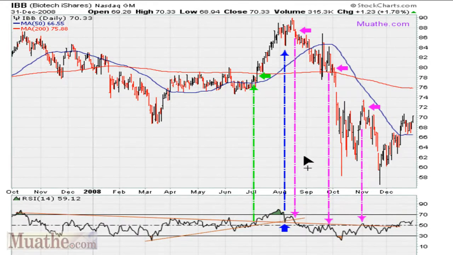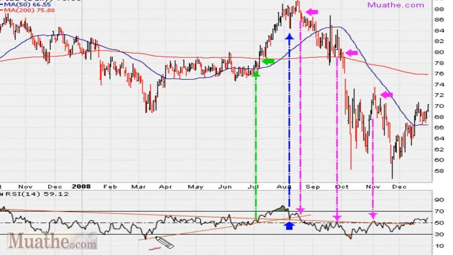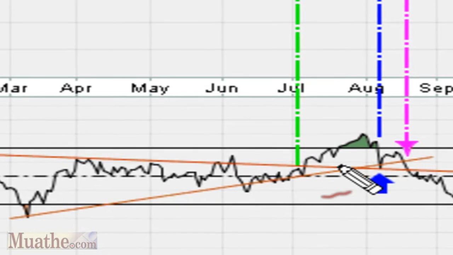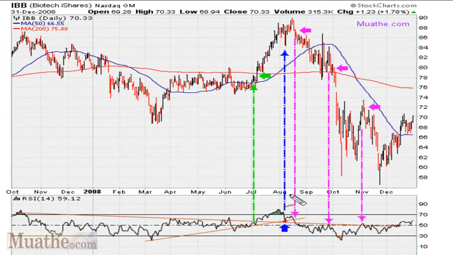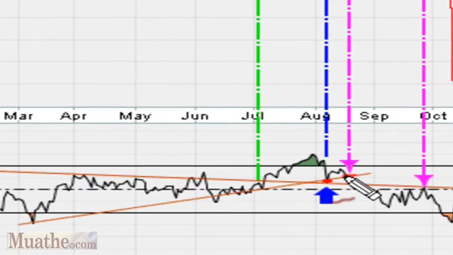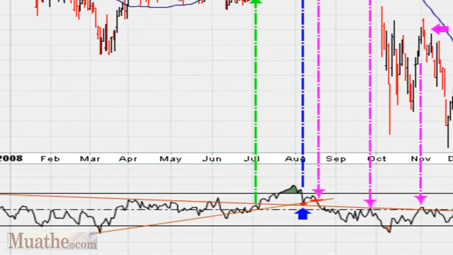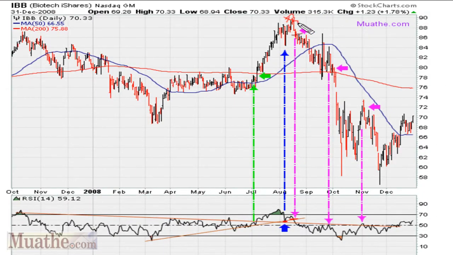To confirm that our lines were accurate as far as the wave cancellation was concerned, notice that if we take the lower line here and extend it, not only does it show us a support line there, which took the stock to a fresh 52-week high, but once this line is broken here, the break of that line also corresponds to the best time to have sold this stock at about 89, because the stock would go and drop as much as 50%.